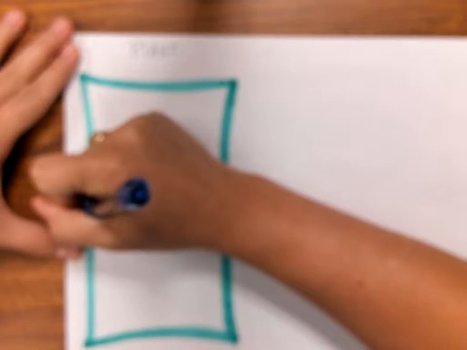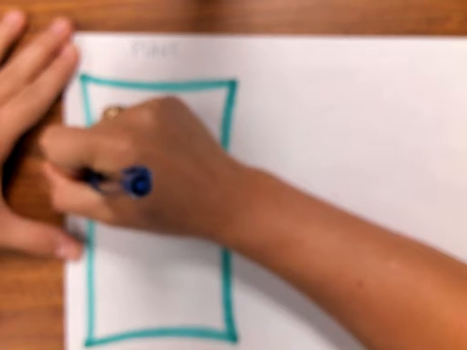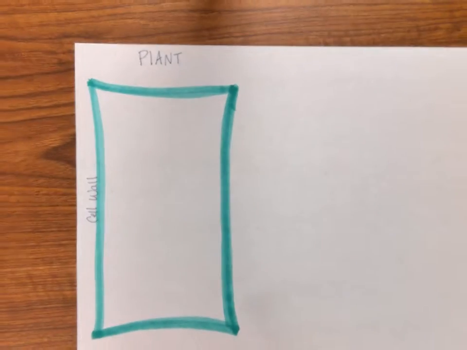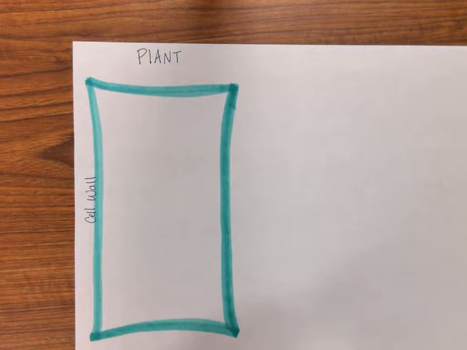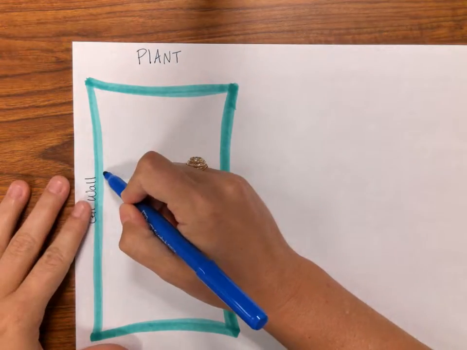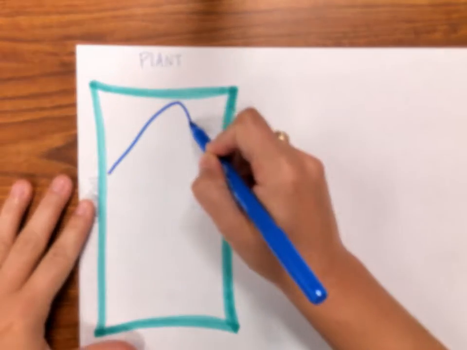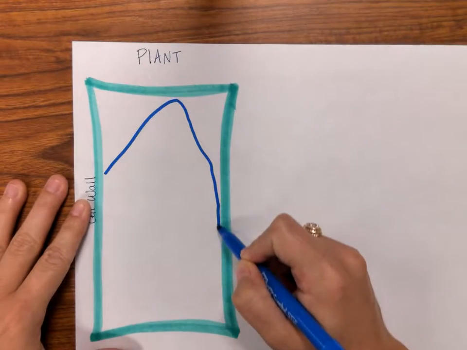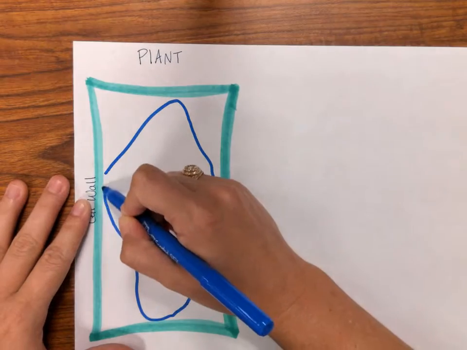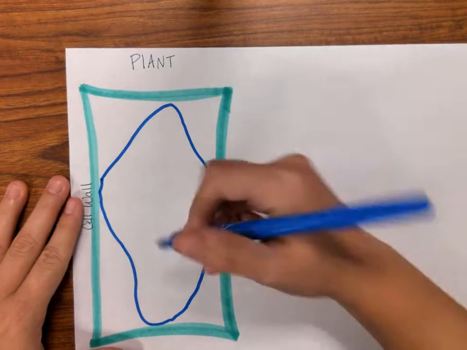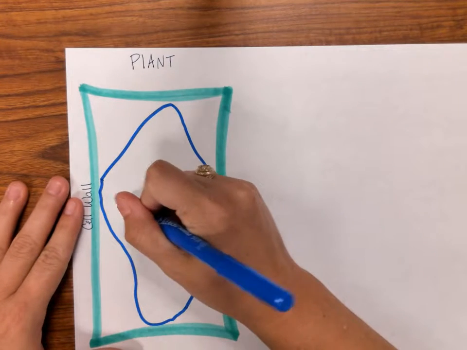So what happens is the cell wall works with another organelle that is found within the cell, and this organelle is called a vacuole. The vacuole's job is to store water, food, and waste. The plant sucks up as much water as it needs, and it stores it in something called a vacuole.